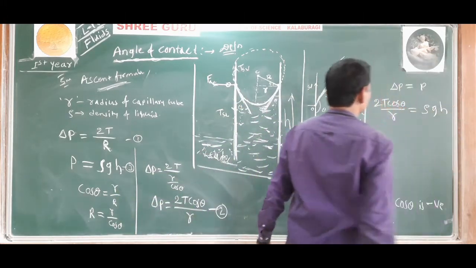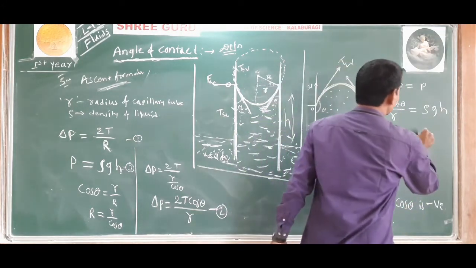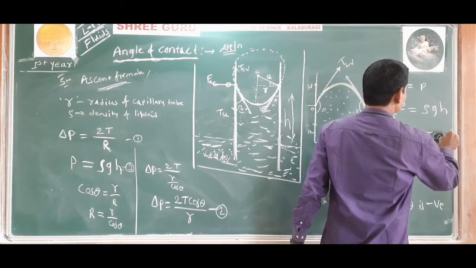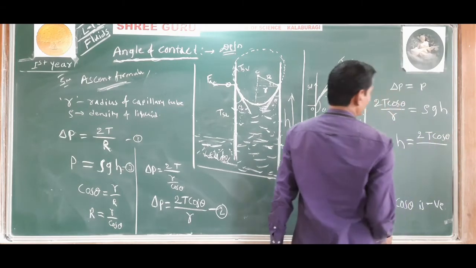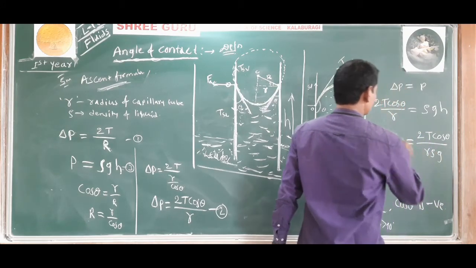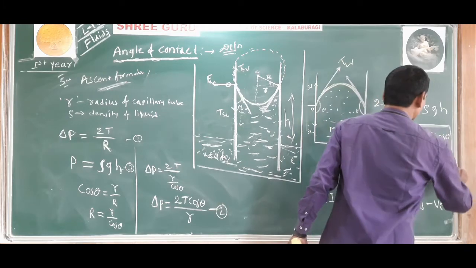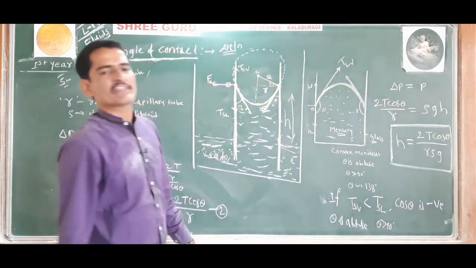Therefore H is equal to 2T cos theta divided by r rho G. So this is the formula for the ascent, that is, the height of the liquid inside the capillary tube.